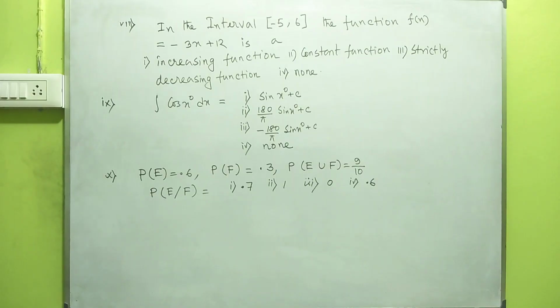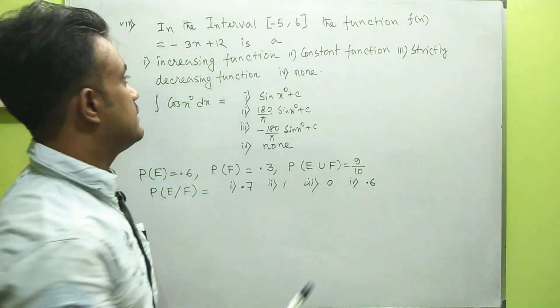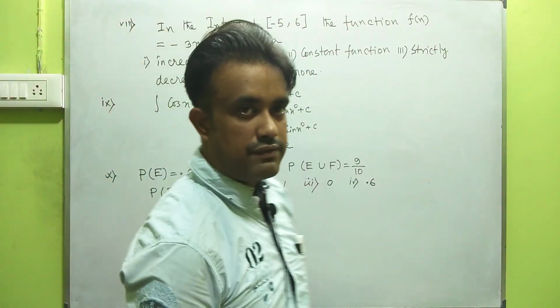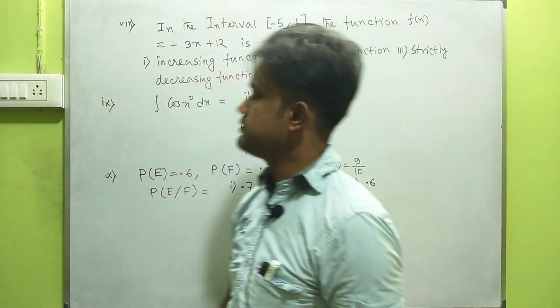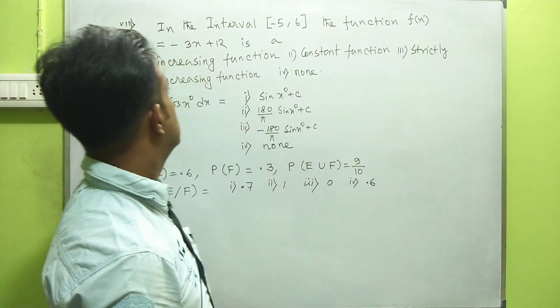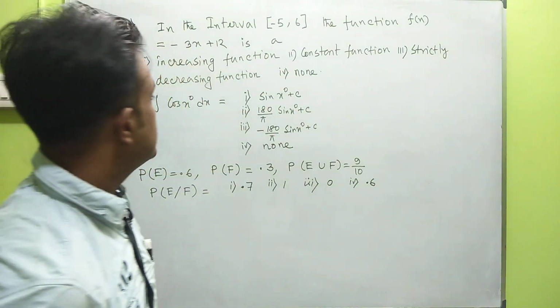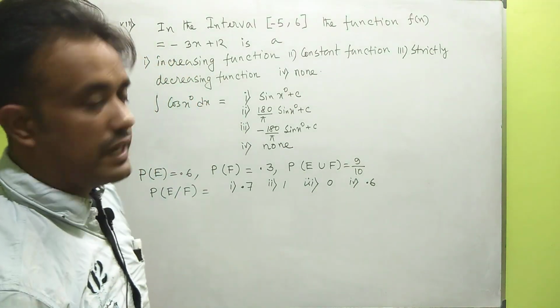Now in the next sum, in the 8th problem, in the interval minus 5 to 6, the function f(x) equals minus 3x plus 12 is an increasing function, a constant function, a strictly decreasing function, or none.